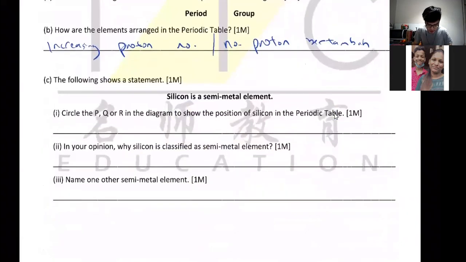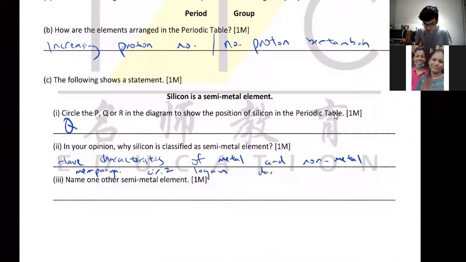So circle Q. Why is silicon classified as semi-metal? Because they have characteristics of metal and non-metal. Mempunyai ciri-ciri logam dan bukan logam.